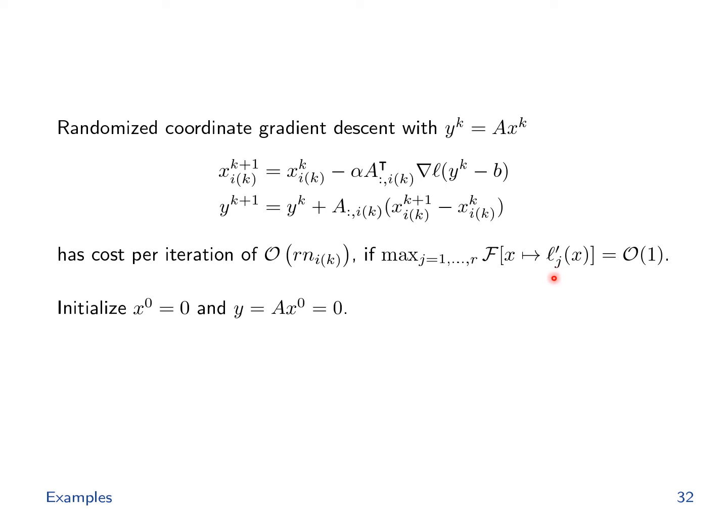Now, if every derivative of L_j costs O(1), then the total cost of this step is O(r). The bottleneck of the first step is this matrix multiplying the vector, which costs O(r n_ik). The bottleneck of the second step is also O(r n_ik). Therefore, if all the n_i's are small, this method is coordinate friendly and can be parallelized.